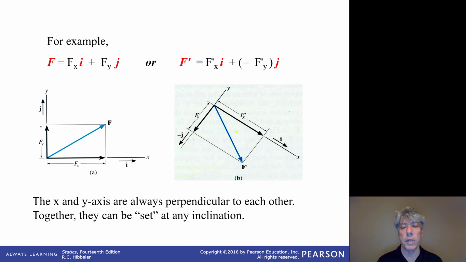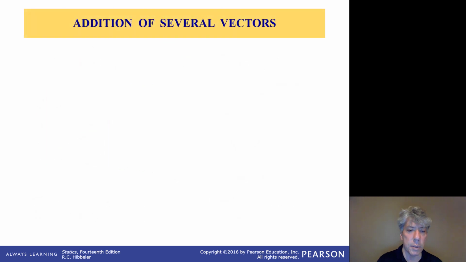Most of the time, we're going to deal with vectors, if it's in two-dimensional space, relative to an xy axis that are perpendicular to each other. Now, we can turn them or set them at any orientation or inclination that we like as needed to make our life easier in solving problems.